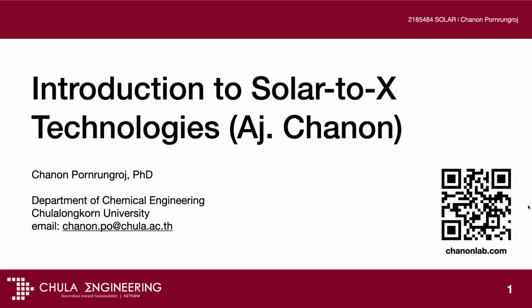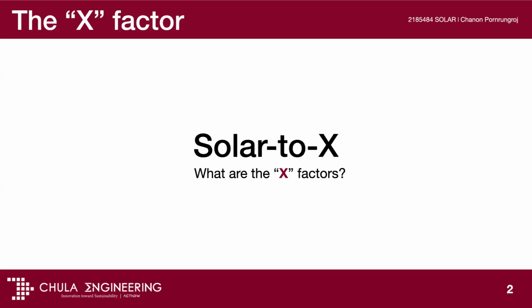So it can be solar, it can be electricity, it can be anything, and it is converted into X. The X factor can be different things, like what Professor Paravi has taught: the electricity or heat or batteries or materials. So basically it's largely explaining the concept of converting solar energy into something.